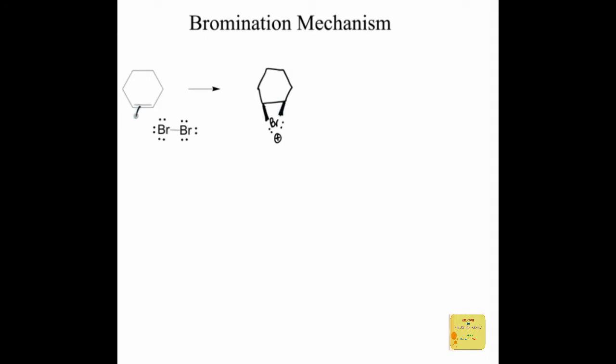Well, the mechanism involves the double bond coming out and attacking the bromine and kicking off the bromine, like we thought was going to happen in the first place. But at the same time, one of the lone pairs of this bromine adds back in to the second carbon of the double bond. So we end up forming 2 bonds to the double bond in one step of the mechanism, and that's why they end up adding to the same face. That's why we're showing them both, in this case, as wedges.